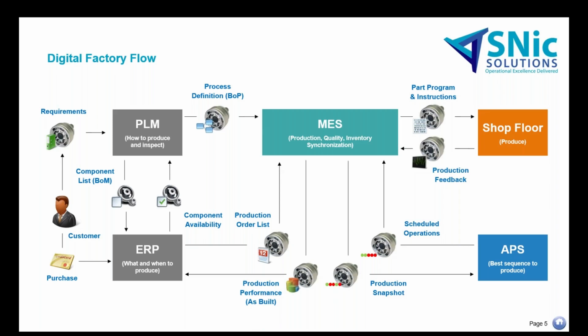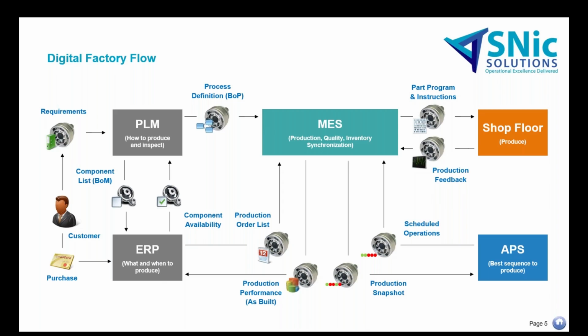And then MES also gives back production performance to understand planned versus actuals, etc. And finally, for ERP to do its accounting and bookkeeping of inventory, stocks, further ERP to do finance, costing, pricing, etc. And this in turn is a flow that keeps repeating in itself.